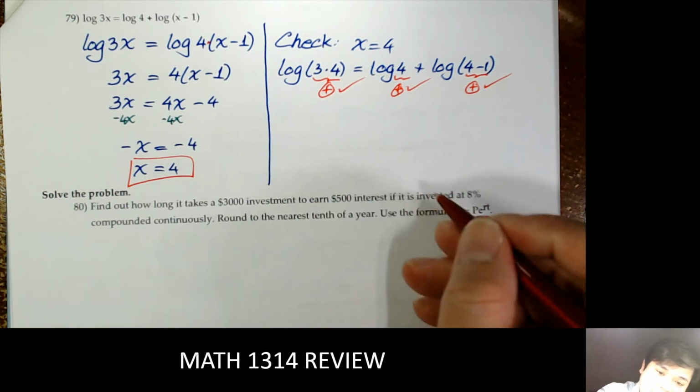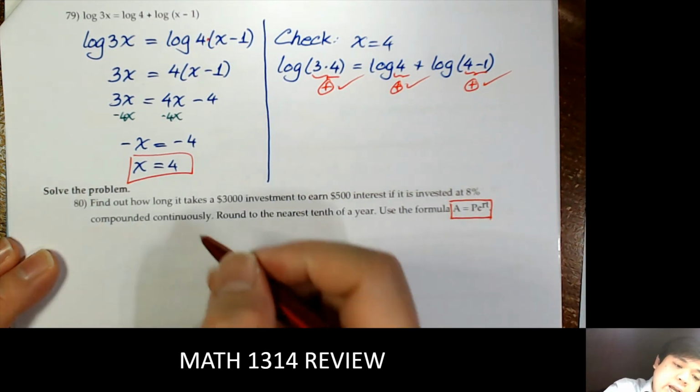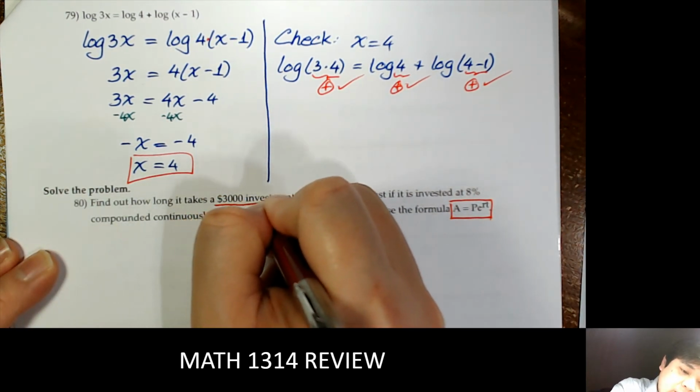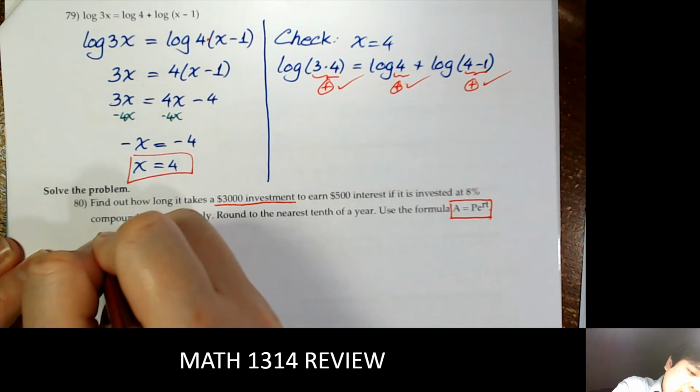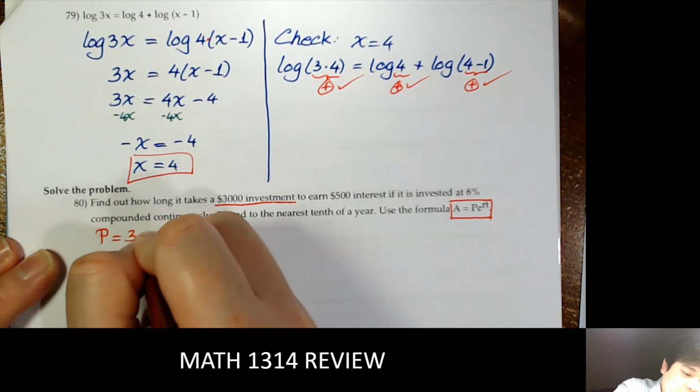And then they said we use this formula. How long does it take for a $3,000 investment? So initially we have 3,000.